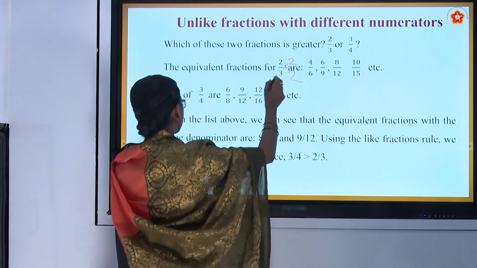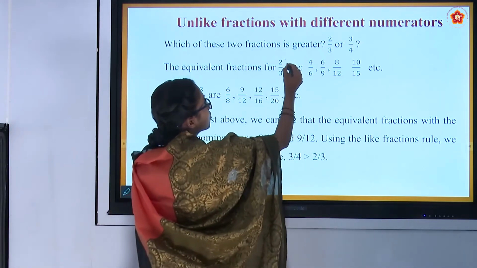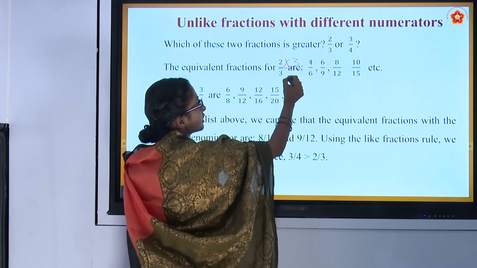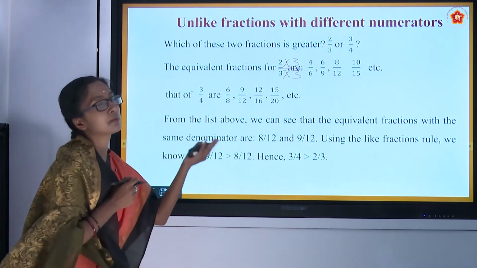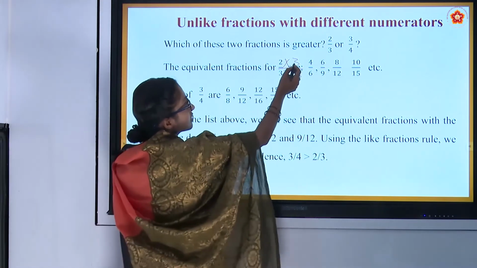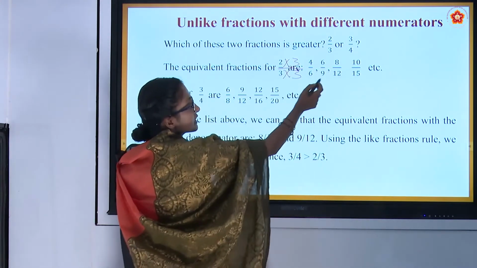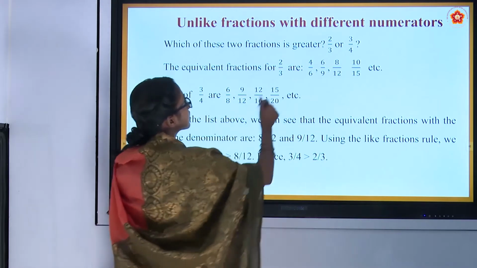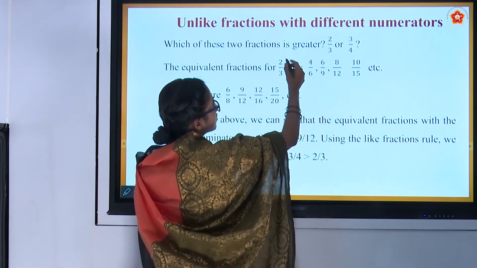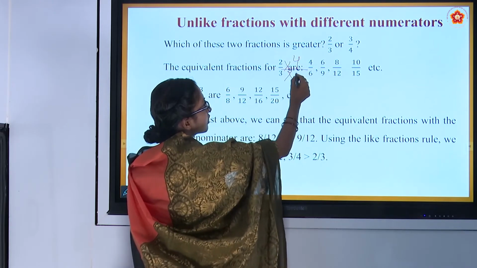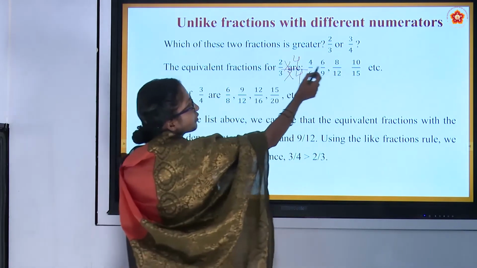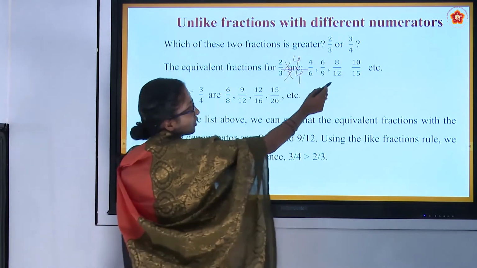Then if you multiply both by 3: 3 2s are 6, 3 3s are 9. And if you multiply numerator and denominator by 4: 4 2s are 8, 4 3s are 12.